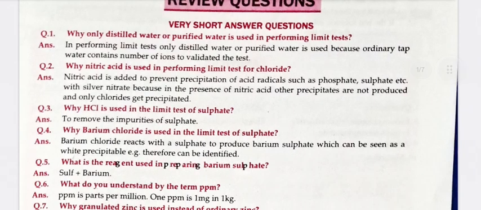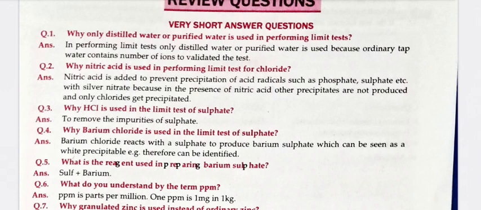Okay, so second question, why is nitric acid used in performing limit test for chloride? Nitric acid is added to prevent precipitation of acid radicals such as phosphates, sulfates, etc. with silver nitrate, because in the presence of nitric acid other precipitates are not produced and only chlorides get precipitated.